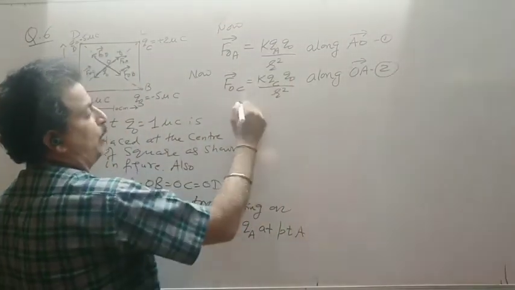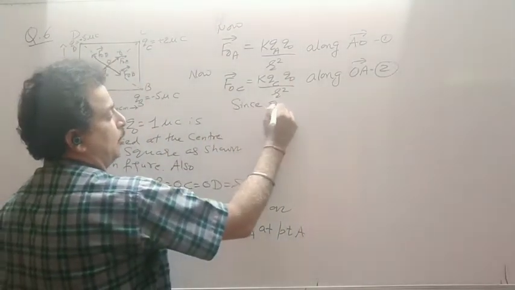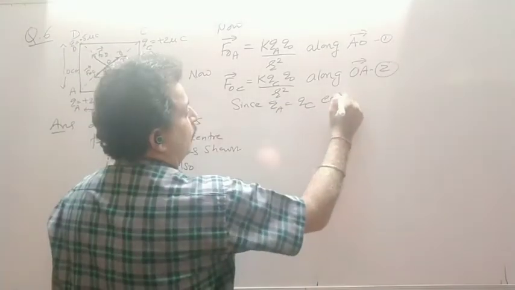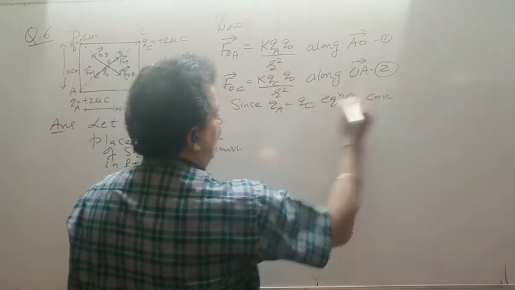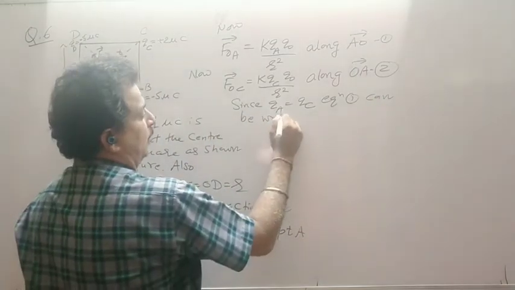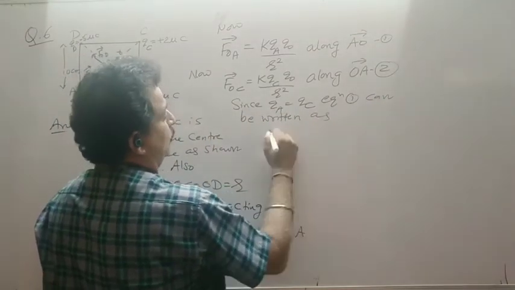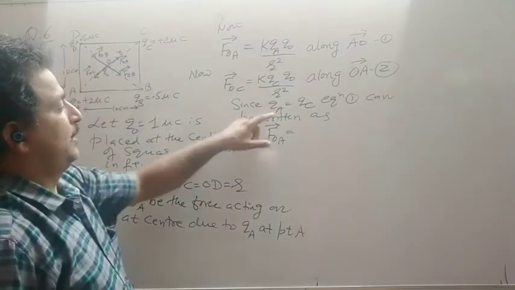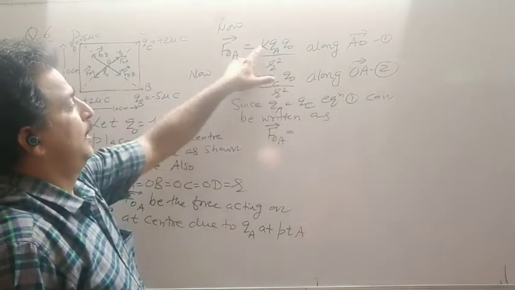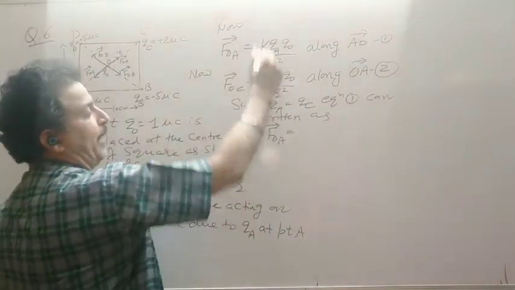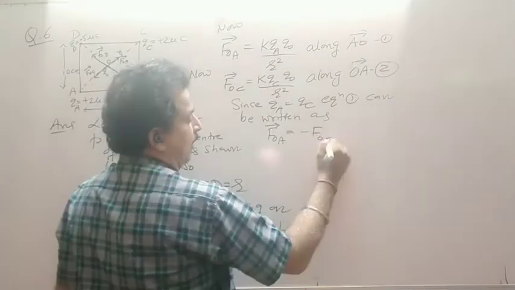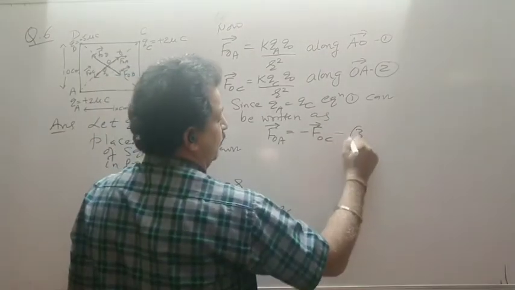Now since Q_A is equal to Q_C, equation 1 can be written as, so F naught A is equal to, now I substitute Q_A is equal to Q_C, so magnitude will become same but their direction is opposite, so minus F naught C. This is my equation number 3.